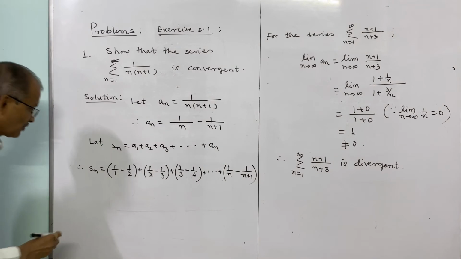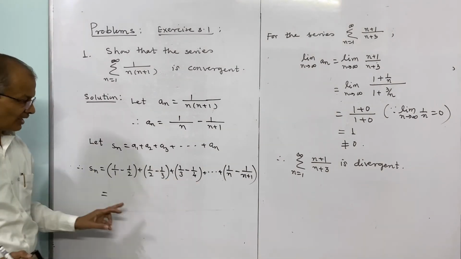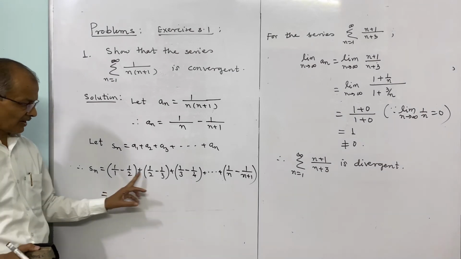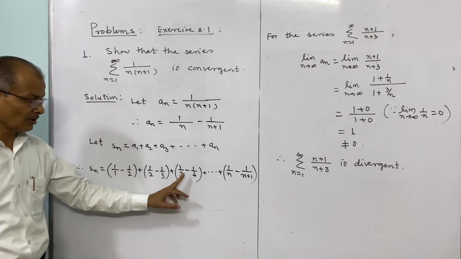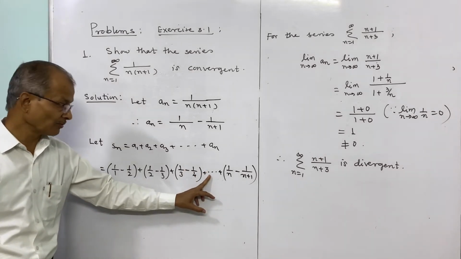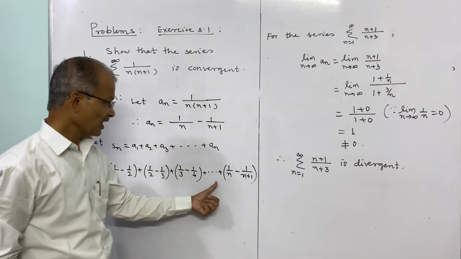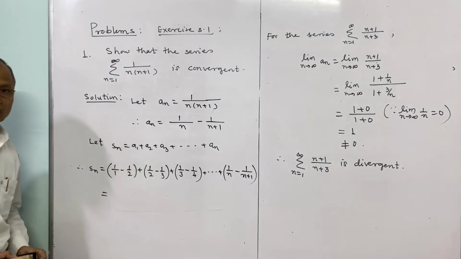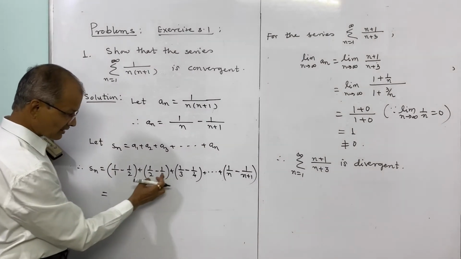Now what is the sum of this? In the expression we observe that minus 1/2 and plus 1/2 become 0, minus 1/3 and plus 1/3 become 0, similarly minus 1 by 4 and the next plus 1 by 4 are 0. Thus from the second term onwards the terms cancel.